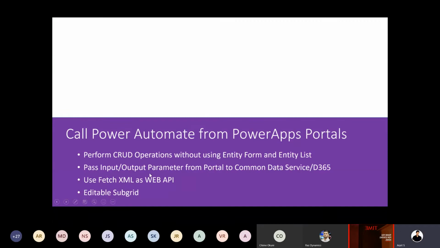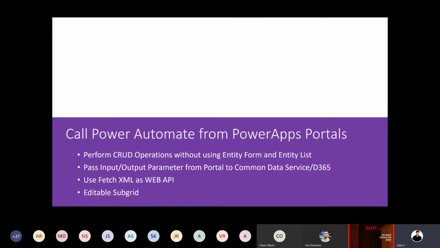So we have seen the four things, how you are passing input and output parameters between your portal and your Common Data Service, because we are passing input as a JSON and we are getting the record GUID as an output parameter from Dynamics. One of the major limitations in the entity list, you have seen that in the entity list there is an action option, through which you can directly perform the on-demand workflows.